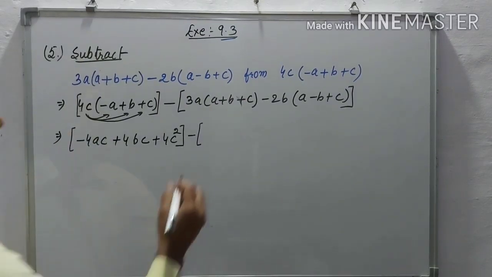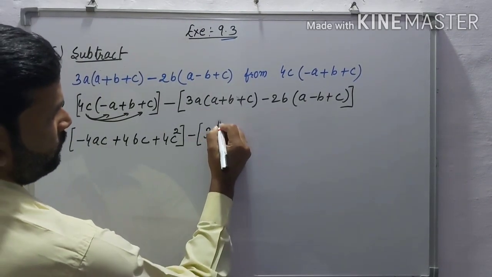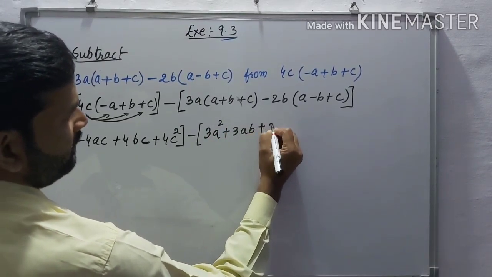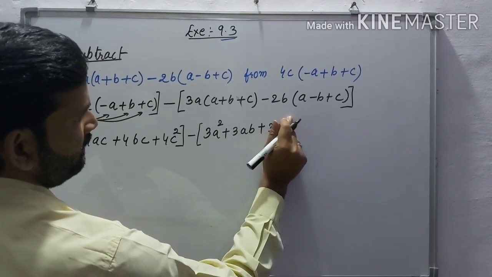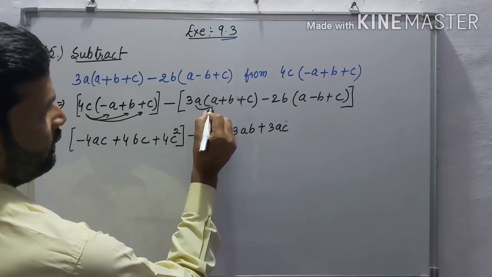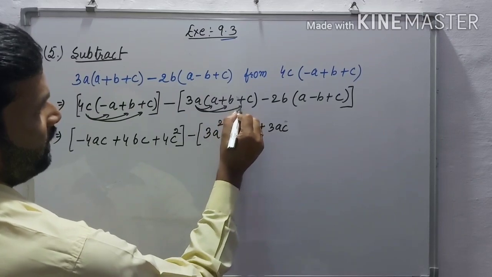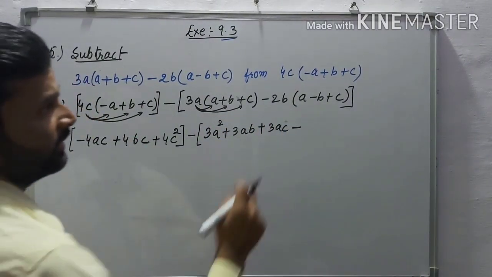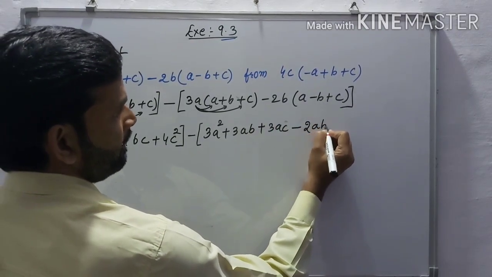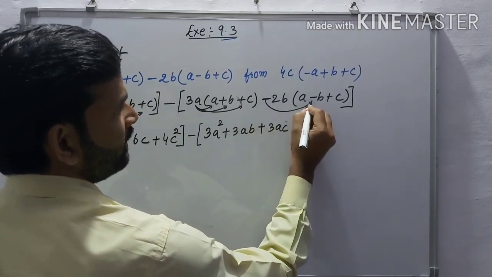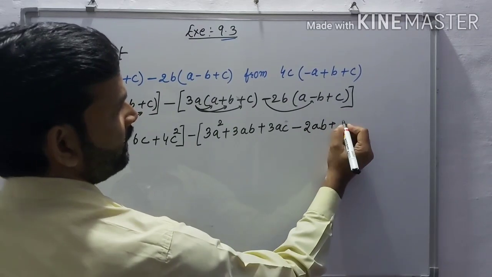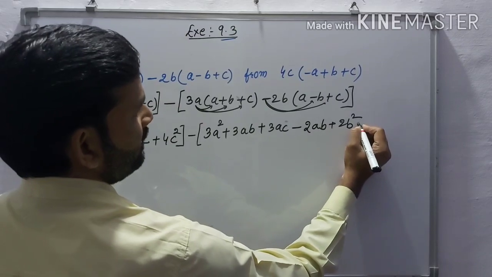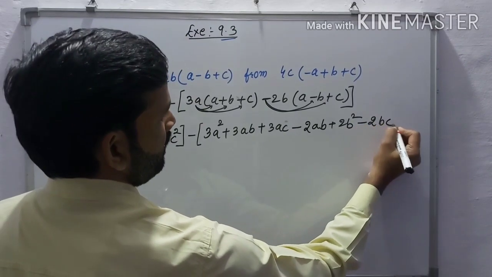Now next will be 3A square plus 3AB and plus 3AC. Here is the minus sign, which will be multiplied. So minus 2AB, minus and minus will be plus 2B square, again minus and plus is minus 2BC.